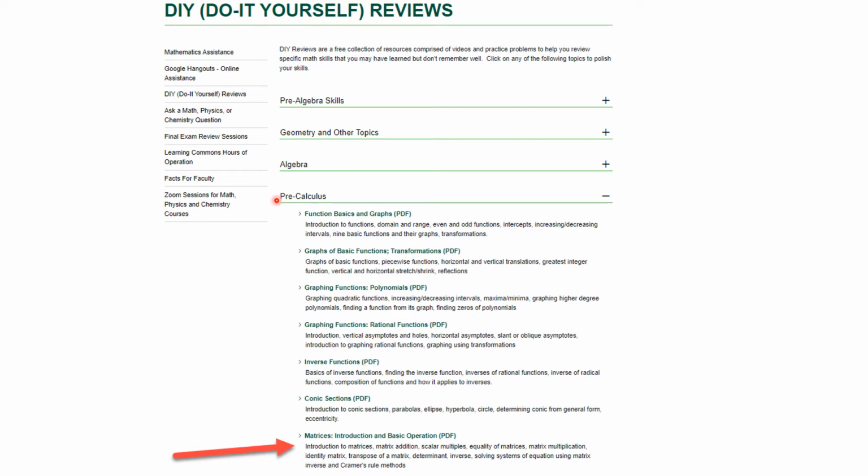And under the Pre-Calculus review, there is an excellent review of matrices, solved problems, and videos that you can look at, and it covers introduction to matrices, adding, subtracting, scalar multiplication, matrix multiplication, identity matrices, transposable matrices, determinants, inverses, solving systems of equations using matrix inverses, and Cramer's rule methods. That's more than you would need for the balance of this course.